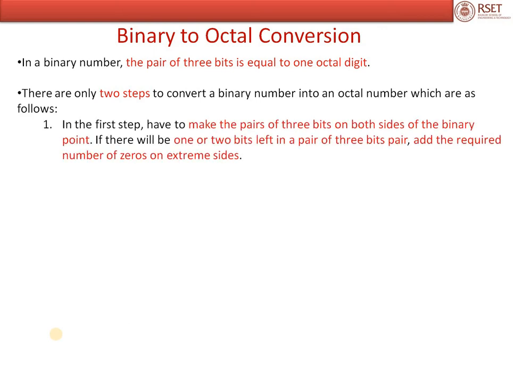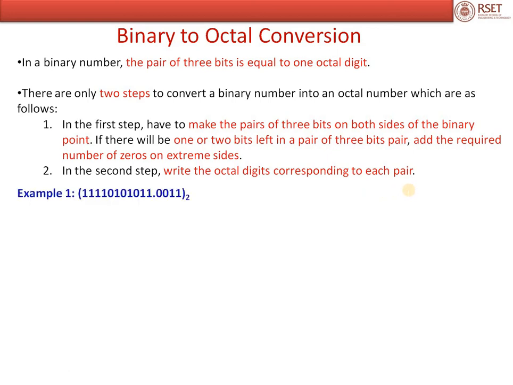The first step is we have to pair 3 bits on both sides of the binary point. And if there are 1 or 2 bits left in a pair of 3 bits, we have to add zeros on the extreme side. Second step, we have to write the octal digit corresponding to each pair.